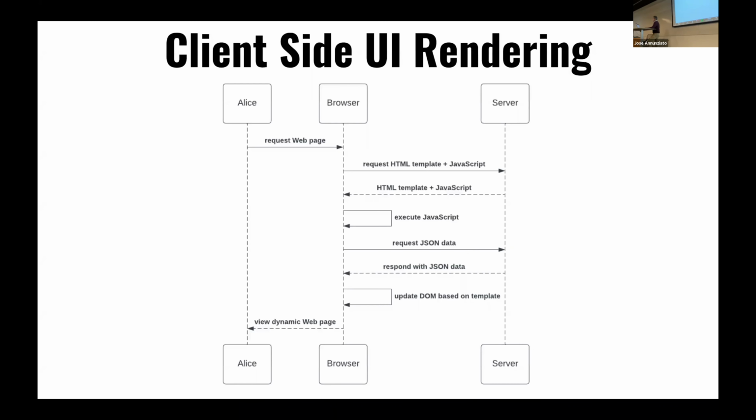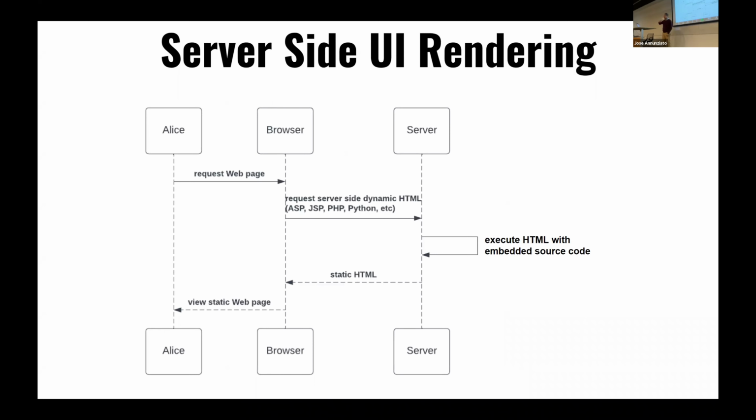All right, so this illustrates how rendering has evolved over time. For the first 10, 20 years of the World Wide Web, this was the main strategy for rendering dynamic content.